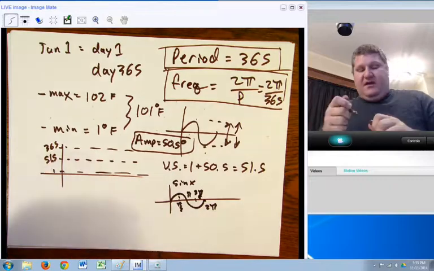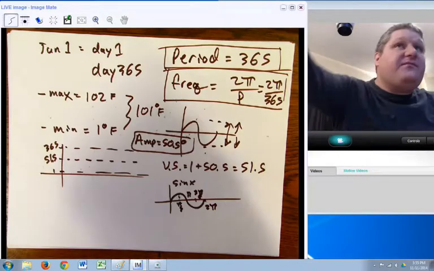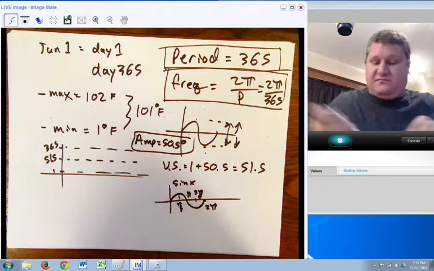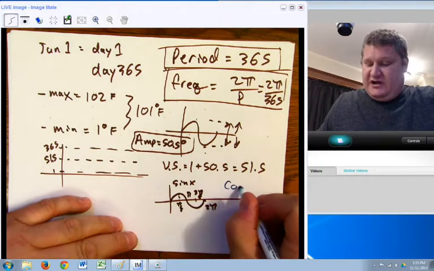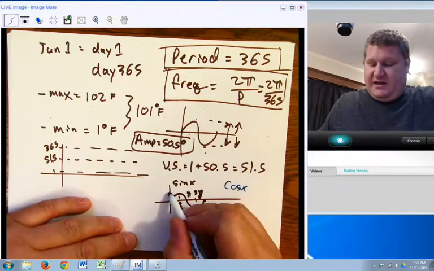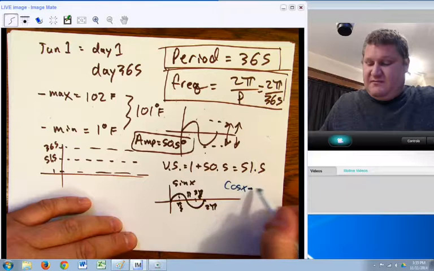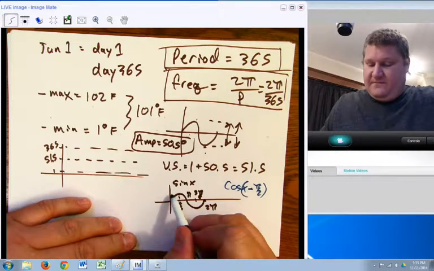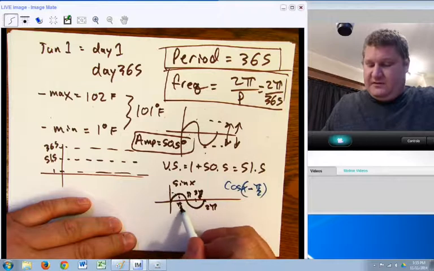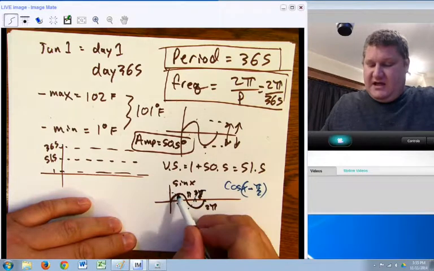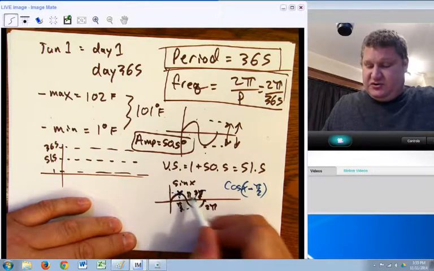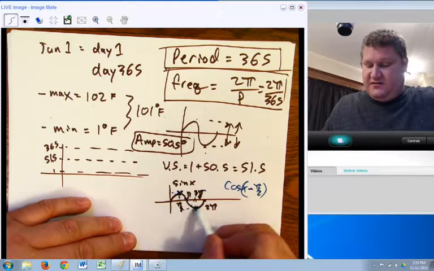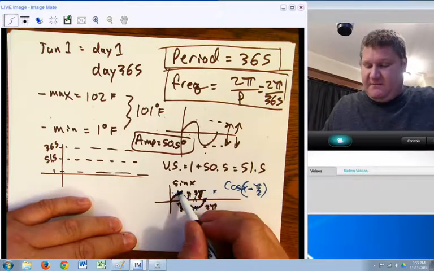However, if I were to graph cosine x, and I would say cosine x minus pi over 2, that means I would start not here. I would actually start at pi over 2, then go down to the middle, down to the bottom, up to the middle, back to the top.